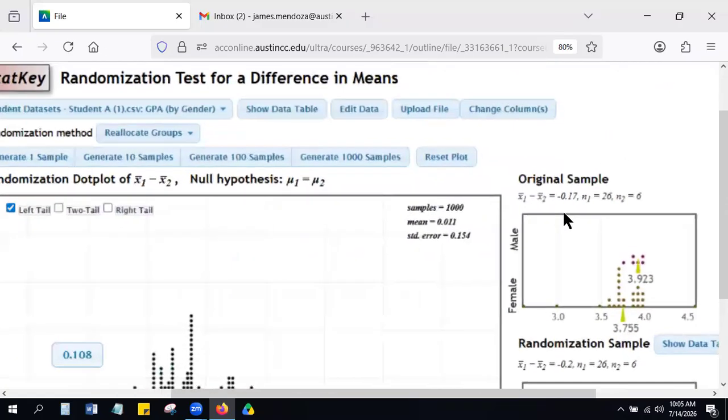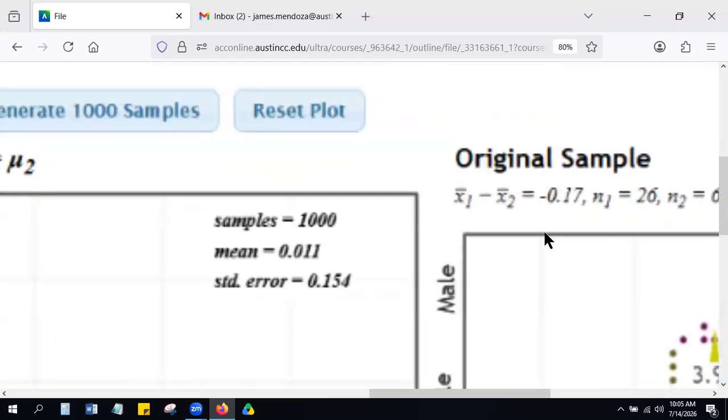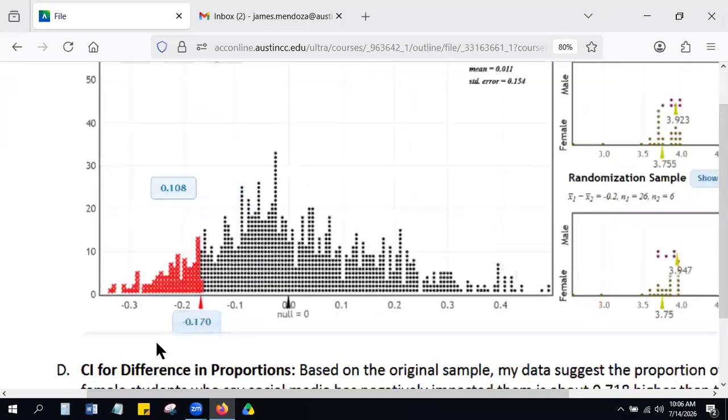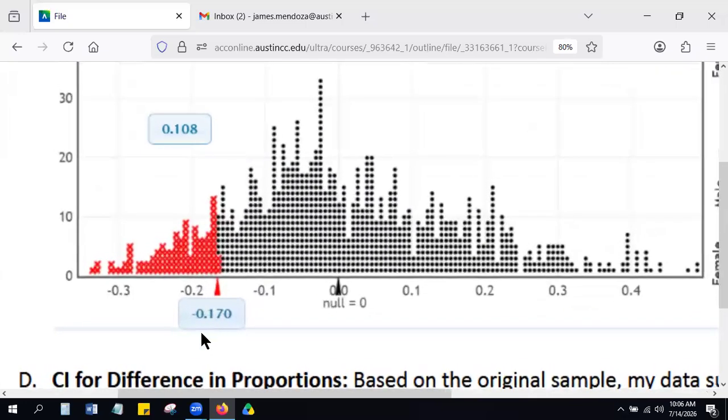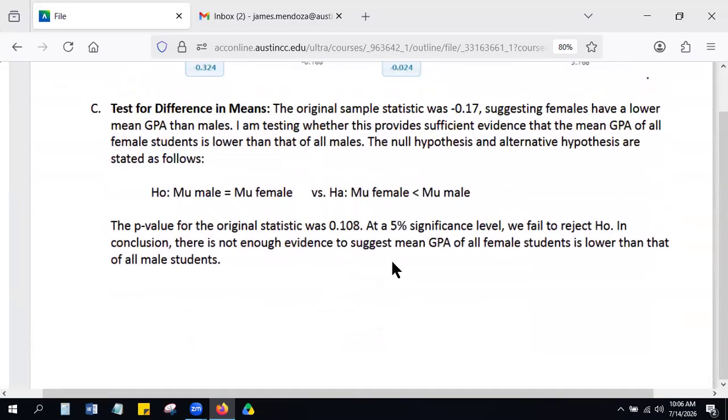And you can see there's going to be your statistic whenever you do this. There's that negative 0.17. And so you would bootstrap it. You would put your statistic down on the bottom of the graph. You'll get your p-value, and then you'll do this. Since this p-value is too large, your conclusion will be that you do not reject H0.